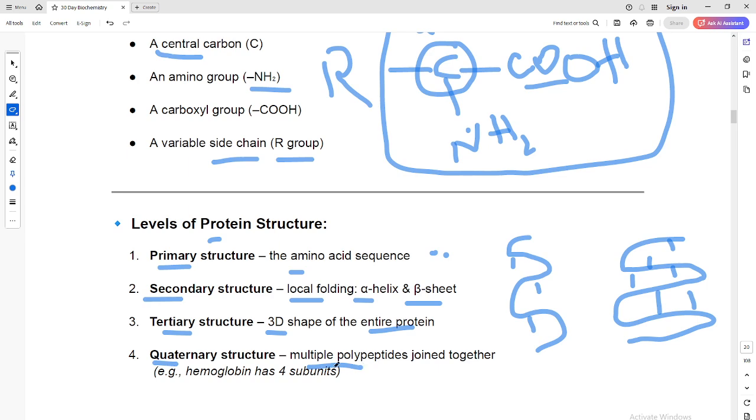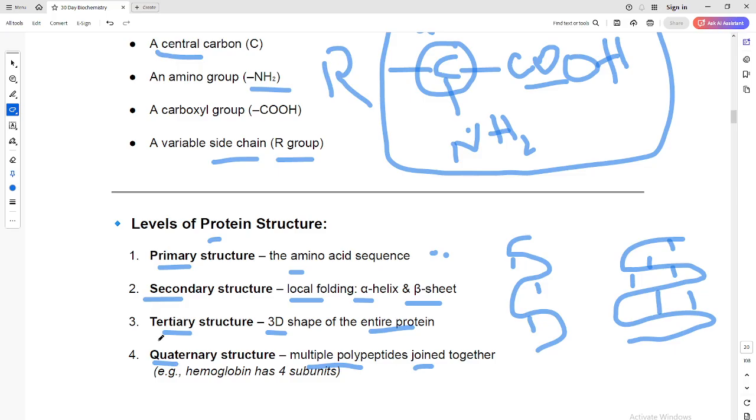So what is quaternary structure? It is present only when we have multiple polypeptide chains, and it represents the relations between these folded polypeptide chains joined together, like hemoglobin. It is formed of 4 subunits, and the relations between these 4 subunits are called quaternary structure.